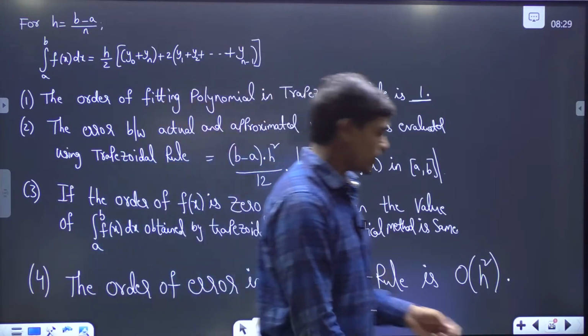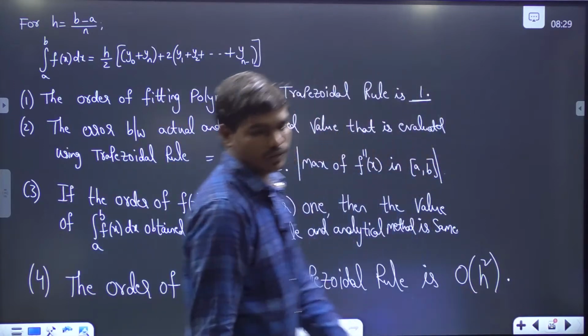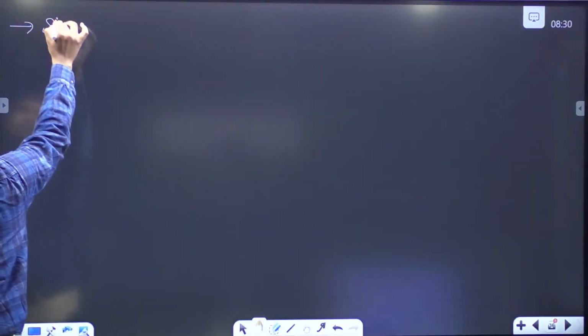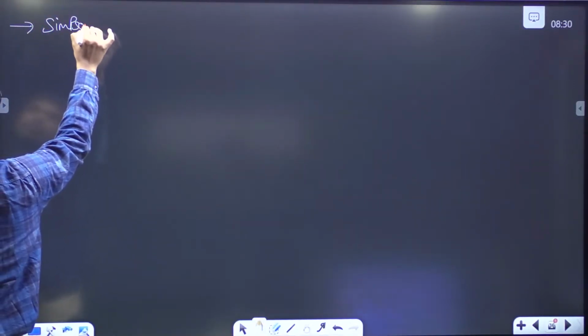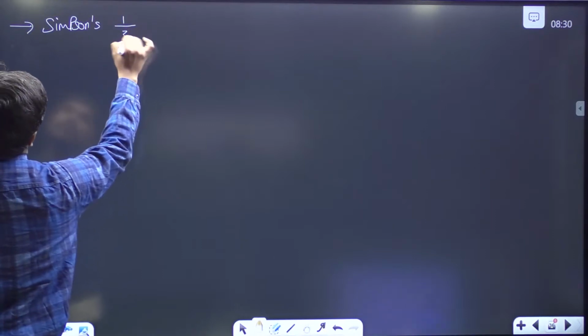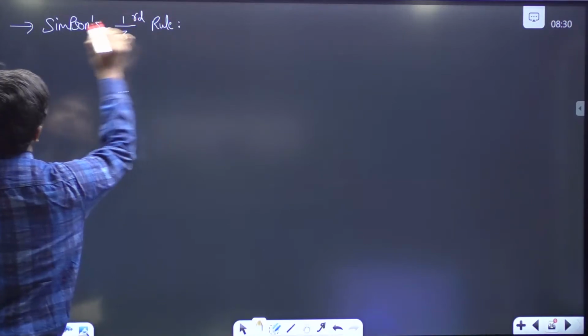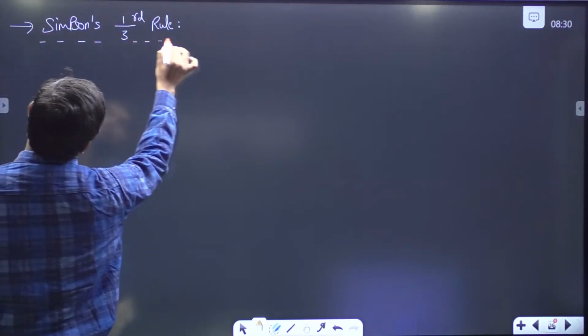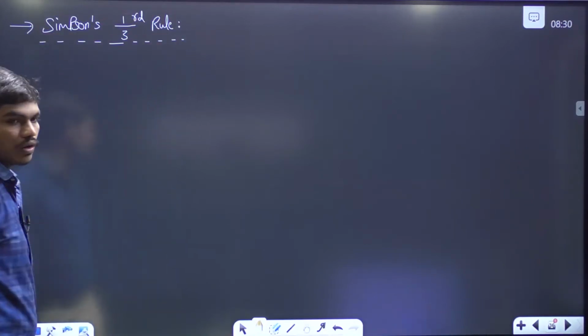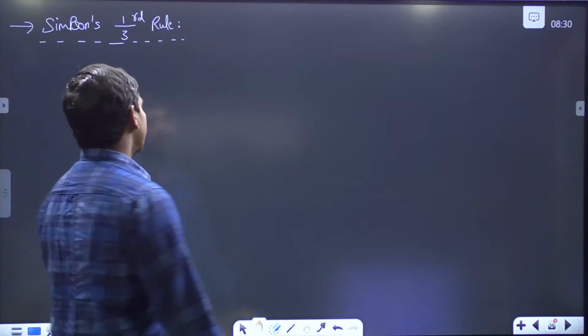Next we'll go for something called Simpson's 1/3 rule. Again, same story.